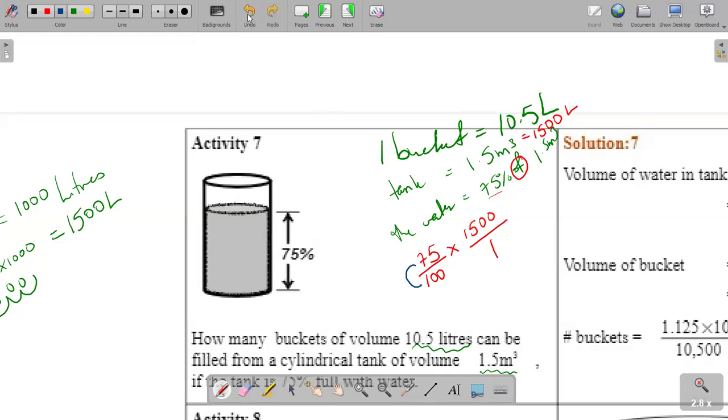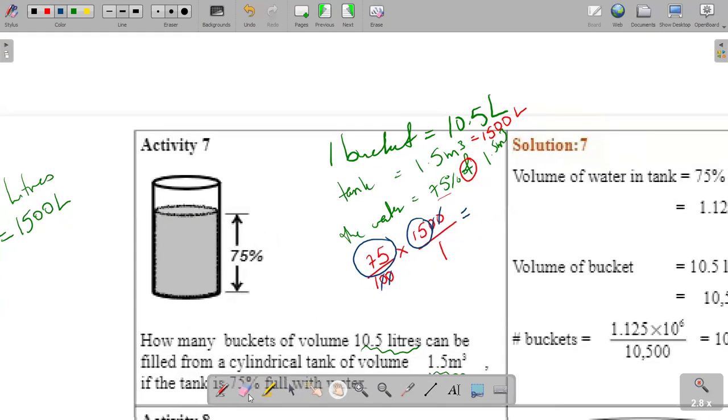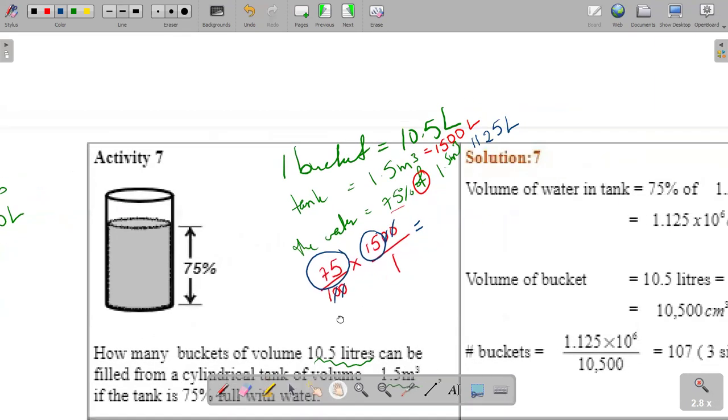If you're doing it the long way, you would cancel your zeros, so all you're going to end up with is 75 times 15. Somebody please, what is that? 1125 liters.